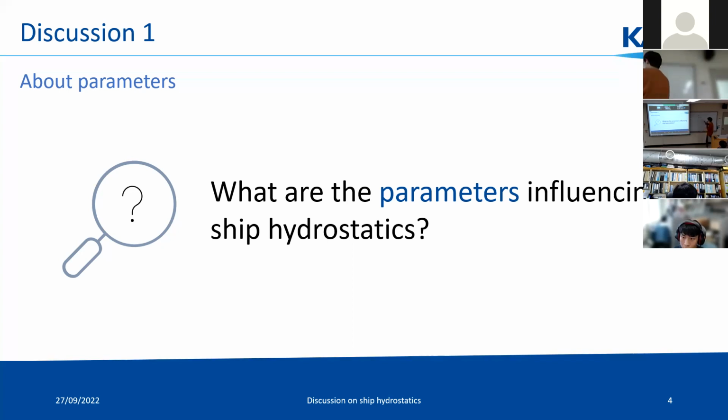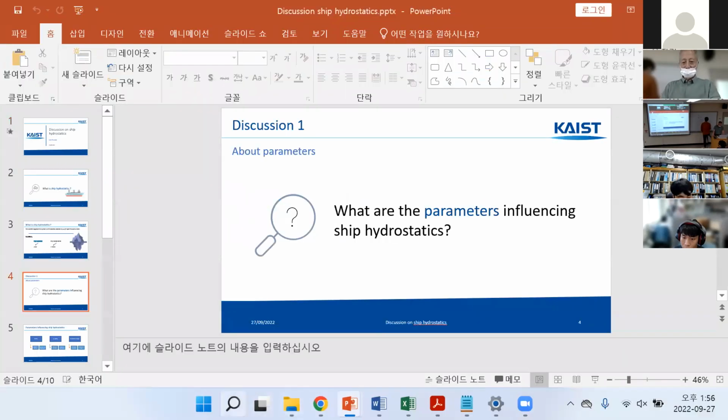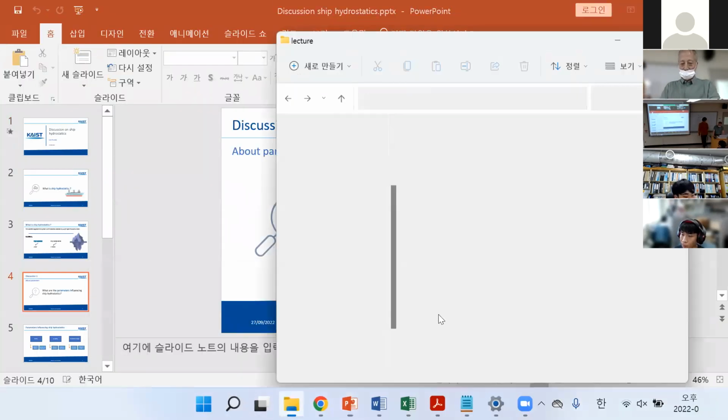We have the center of gravity, and there is the center of buoyancy, in which there is the Archimedes force. And there is the metacenter. The metacenter matters when the ship is not totally horizontal.